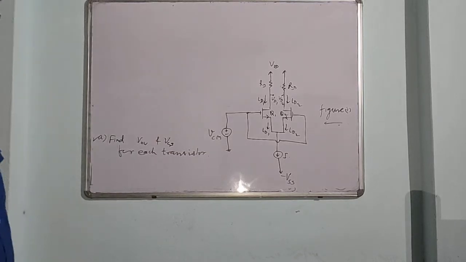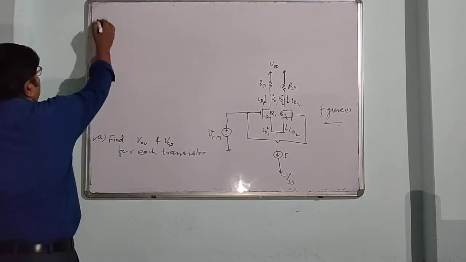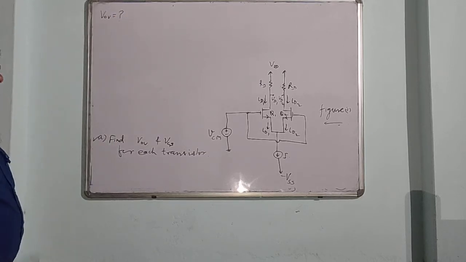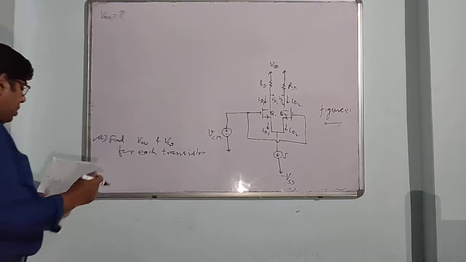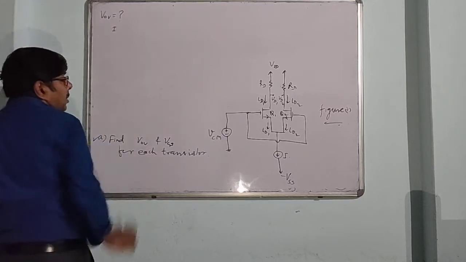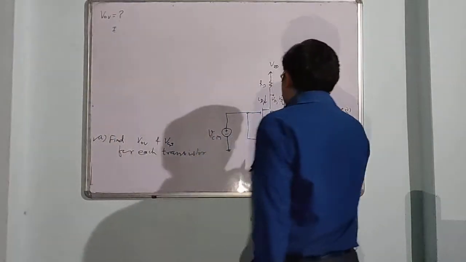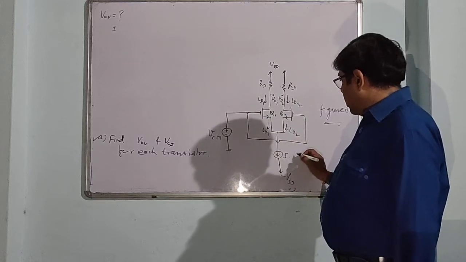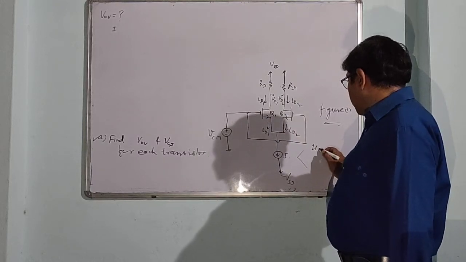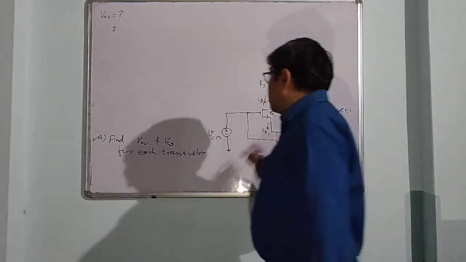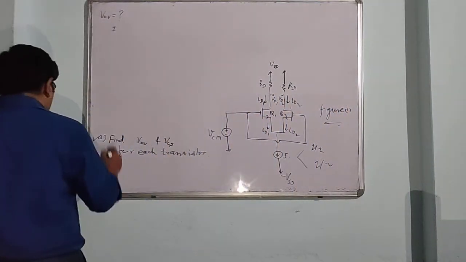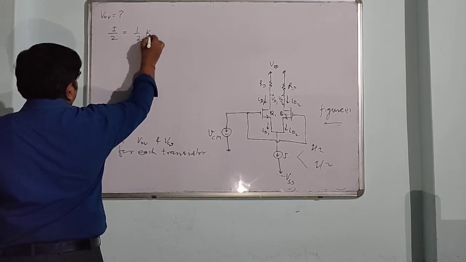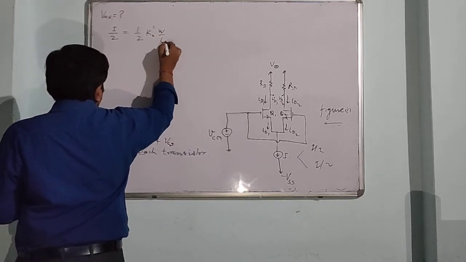To find the overdrive voltage, because this is a common mode signal, this current I is equally divided into two parts, I by 2 and I by 2, because both transistors are similar. So current through any transistor in saturation mode is given by this relation.